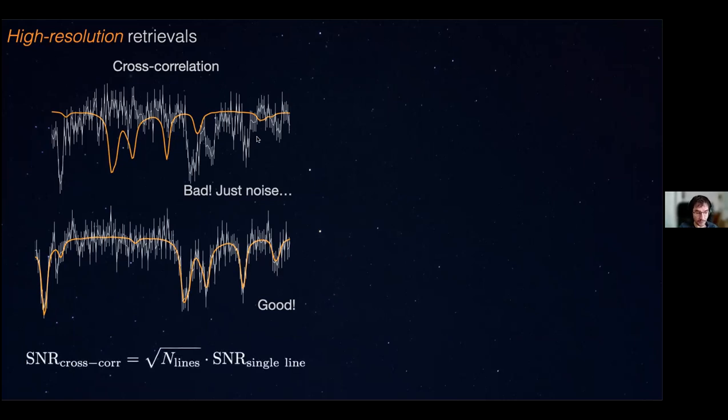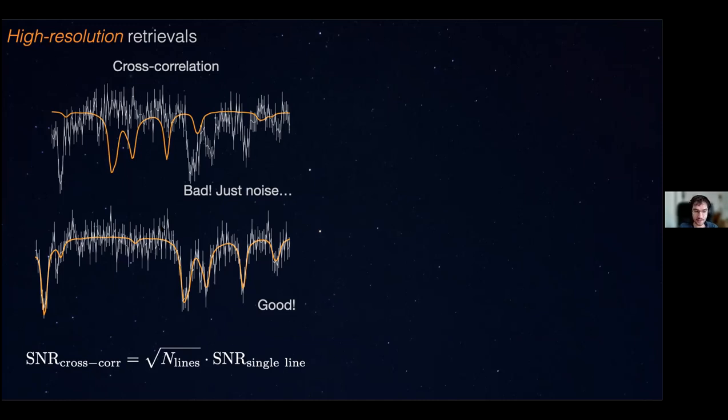And the powerful thing about this is that the signal to noise of this cross-correlation technique is equal to the single line signal to noise times the square root of the number of lines. That's quite powerful because usually you don't really see single lines for an exoplanet. Maybe one line has a signal to noise of 0.5, 0.6, so you can't really detect a single line.